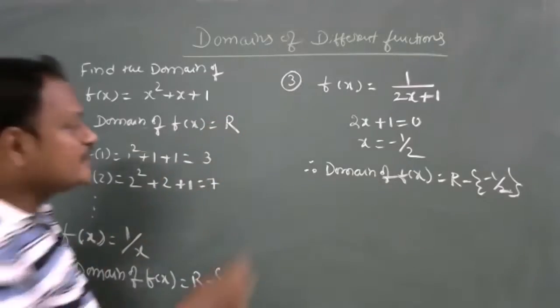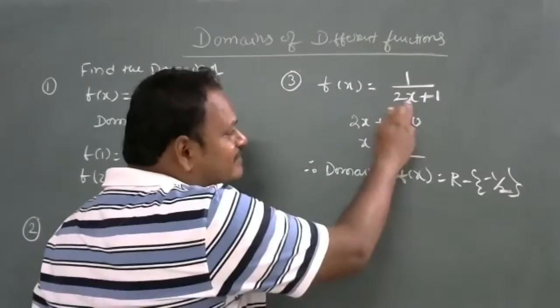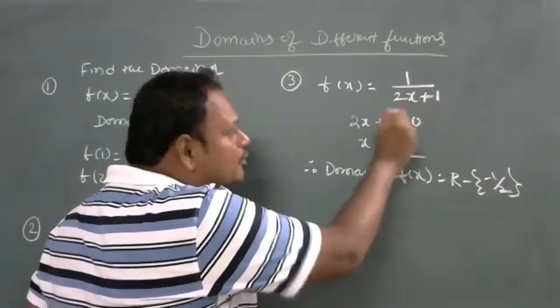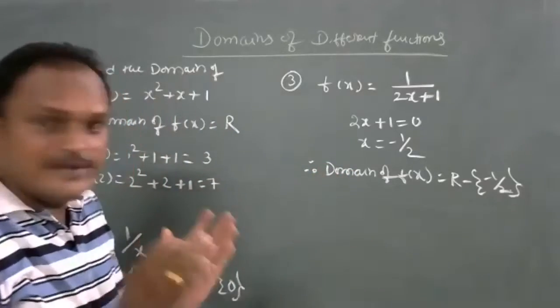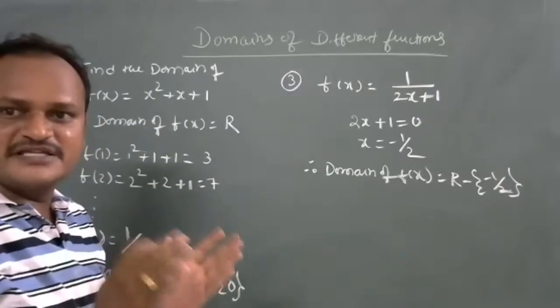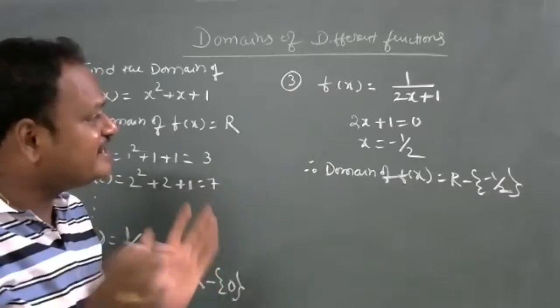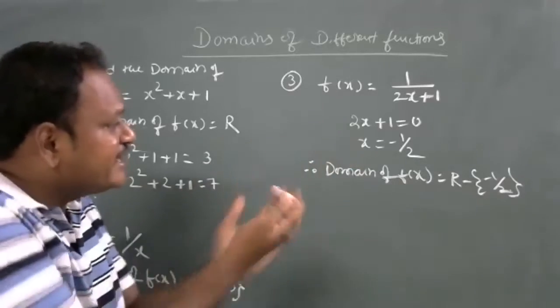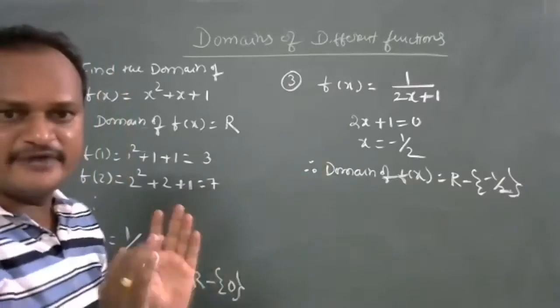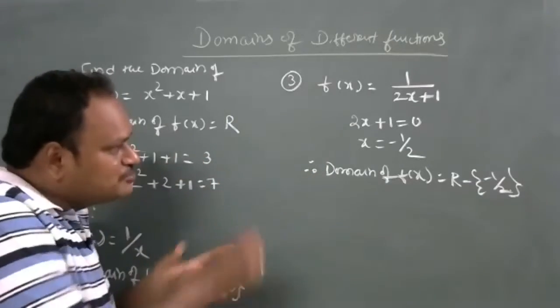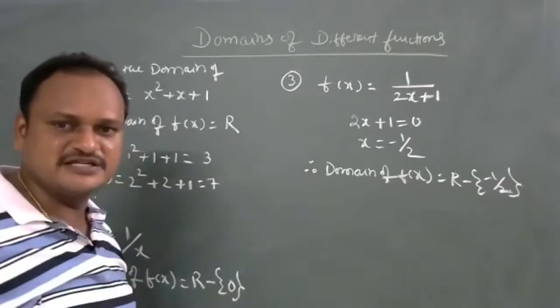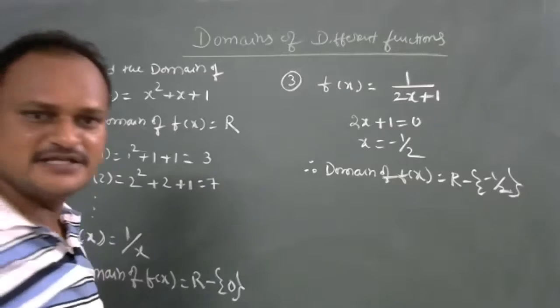If I take x equal to minus 1 by 2, the denominator becomes 0, and 1 by 0 becomes undefined. Once it is undefined, we will not get any finite value. That's why we take out that particular value and take the remaining values as the input values. That's why the domain of f of x is nothing but R minus minus 1 by 2.